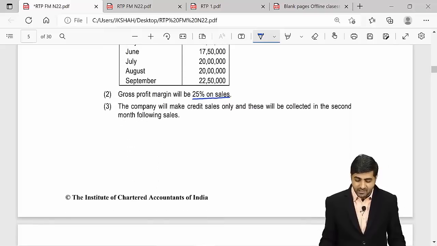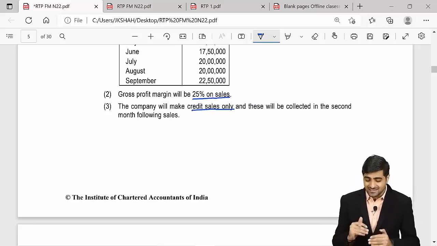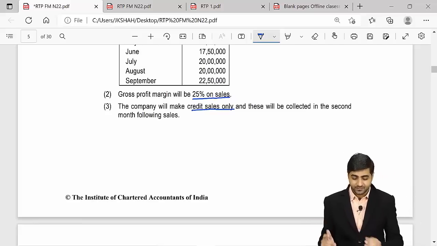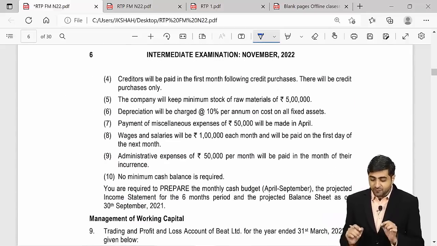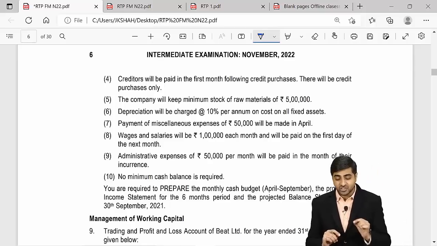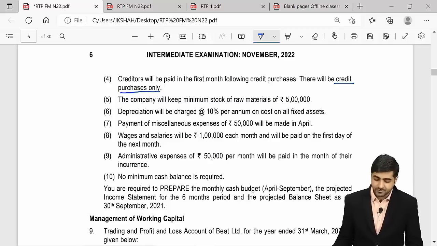The company will make credit sales only, and these will be collected in the second month following the sales, after which the creditors will be paid in the first month following the credit purchases, and there is going to be credit purchases only.